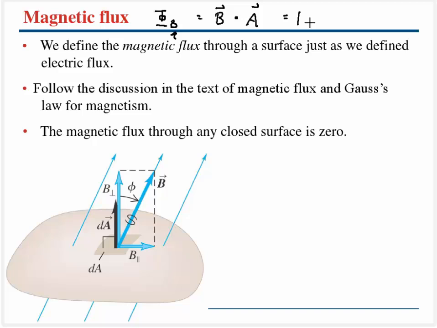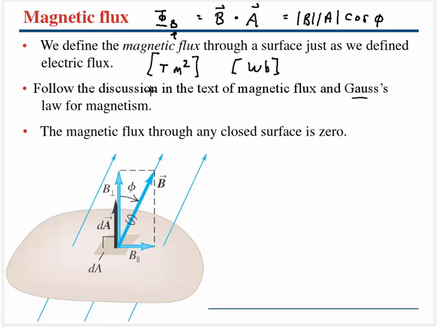If I happen to know the magnitude of the magnetic field and the magnitude of the area, and then the angle in between those, I can just do a straight up calculation of it. The unit for this is going to be a Tesla meter squared, and we have a special name for this unit. It's going to be a Weber, shown by a small Wb.